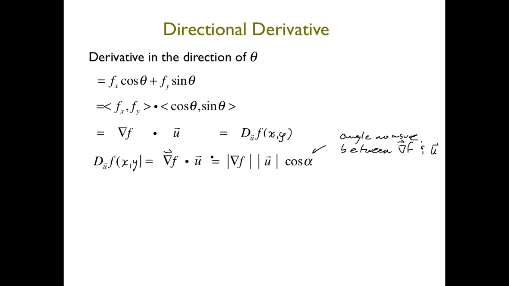But in print, it's just bold. Bold means vector. Okay. And what's the magnitude of the unit vector? 1. So it's really the magnitude of the gradient times the cosine of the angle between them, right? If the magnitude of the unit vector is just 1, then we can simplify it this way. Now this form of the directional derivative allows us to answer some questions.